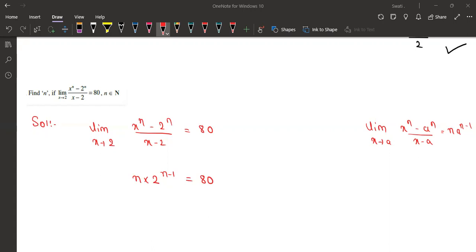And now what we can do here, we can simply write down this as n into 2 raised to n minus 1 equals 80. So basically we have to write down this 80 as its factors. This n I'm writing again as it is only.